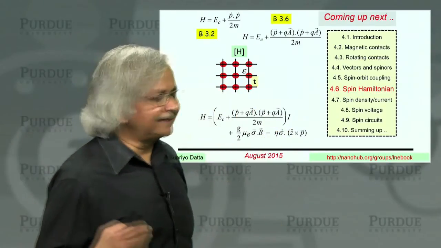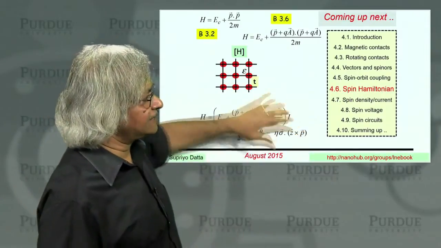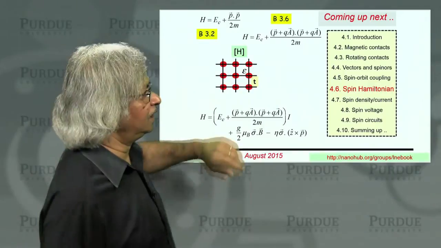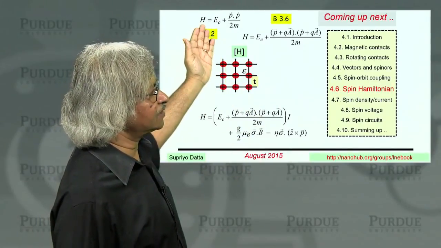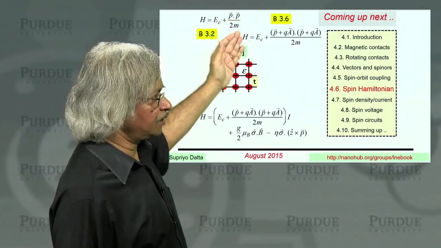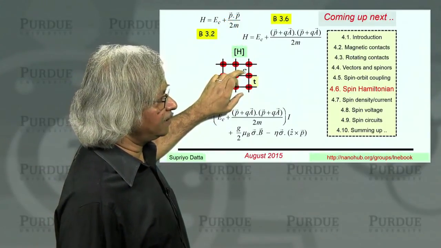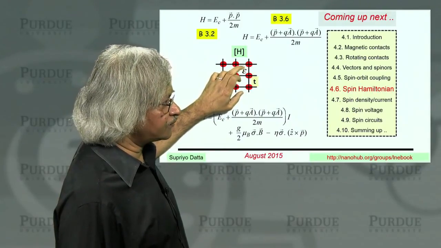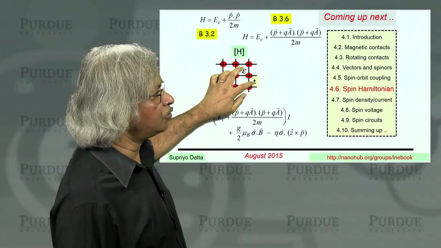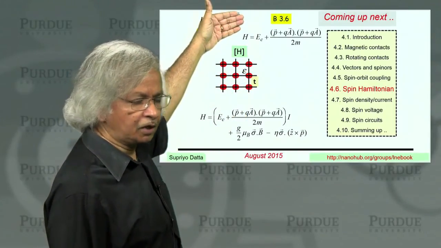So what we'll do in the next lecture is see how you can translate it into the tight binding parameters. What we had done earlier is, we had said, if you had this simple Hamiltonian, this EC plus p squared over 2m, how you can choose your tight binding parameters, the on-site ones, the epsilon, and the nearest neighbor ones, this t, to match the dispersion relation to what you want.